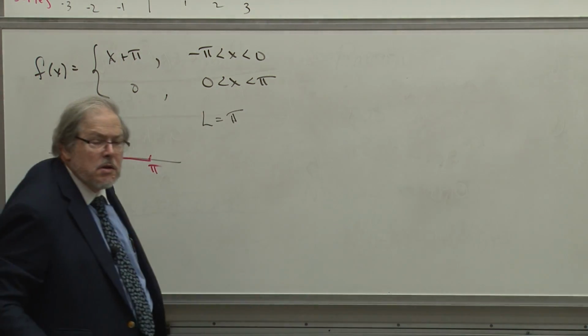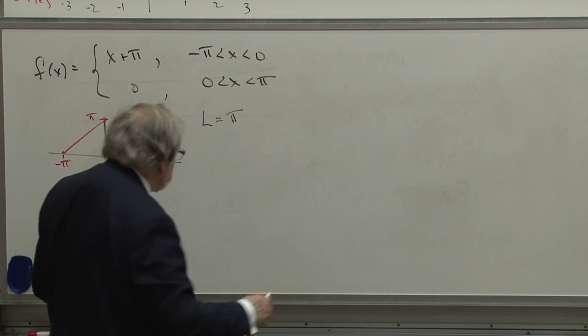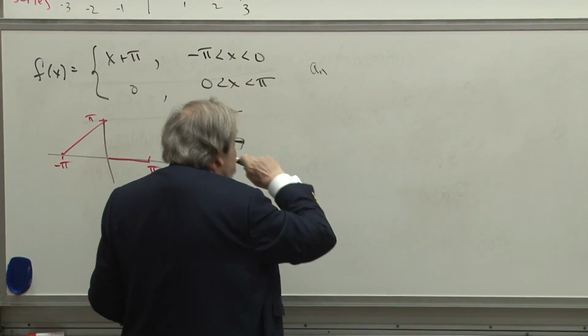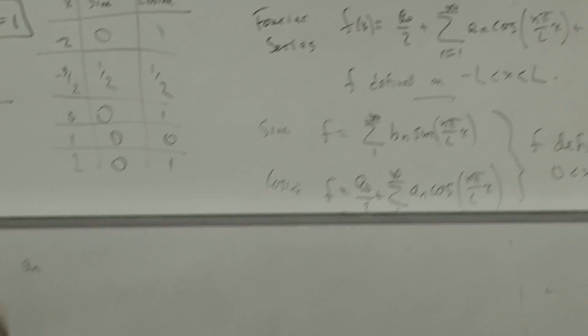In general, I'll make the statement that it is kinder to you if you are asked to find a cosine or a sine series because there's twice as many integrals to do with the full series. The formulas for the A's and B's, so that's the full series up there at the top, the middle of the top board.